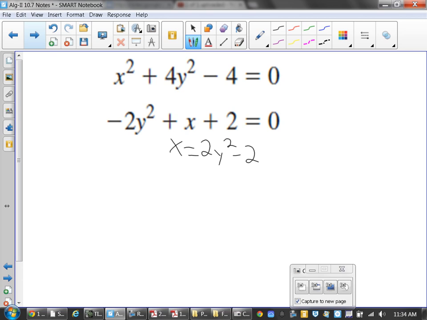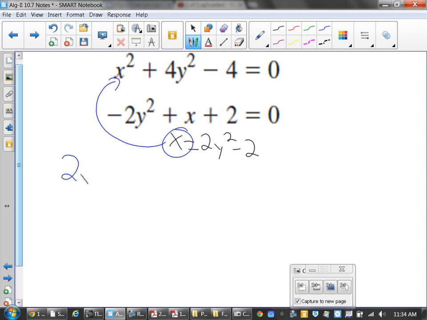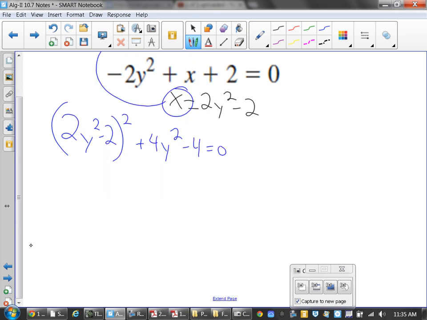Once again, I'm going to use substitution here. I'm going to get 2y squared minus 2, quantity squared, plus 4y squared minus 4 is 0. You just FOIL it out again.